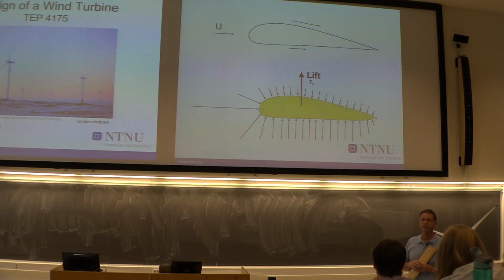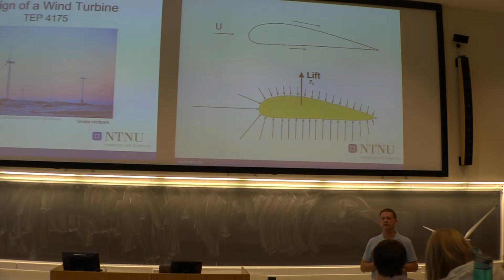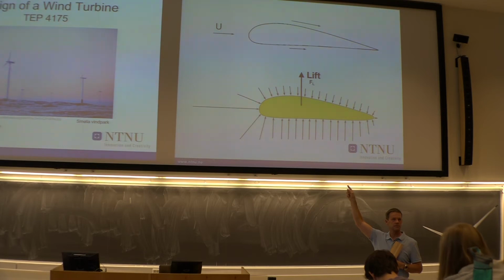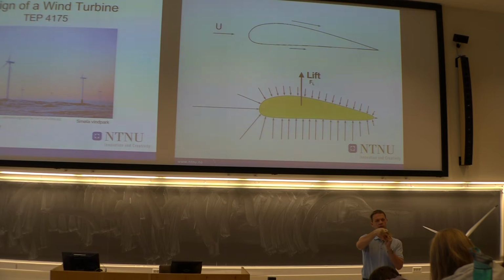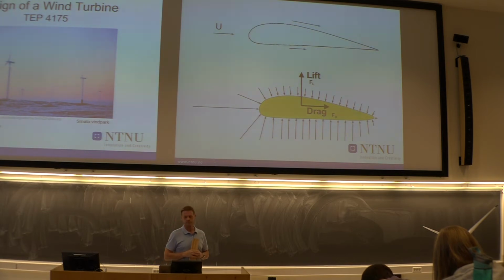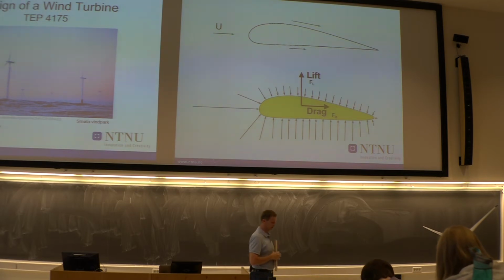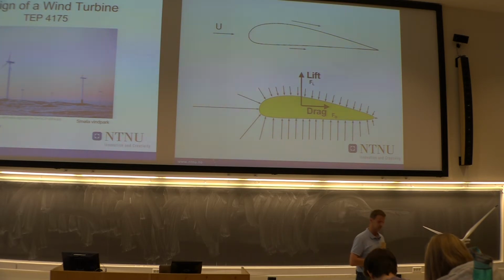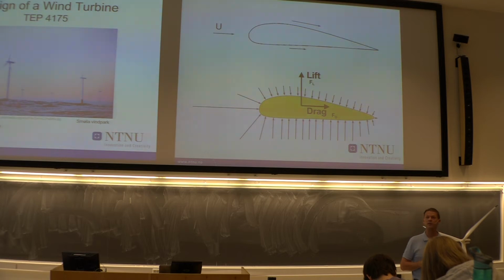One thing you have to bear in mind is that this force is always acting normal to the incoming wind velocity. So no matter how the blade is actually located, the lift force is acting normal to the wind velocity. And then we have the drag. The drag is mainly coming from friction over the surface.